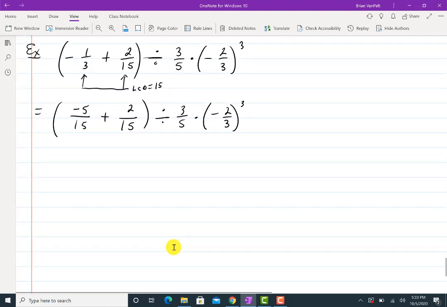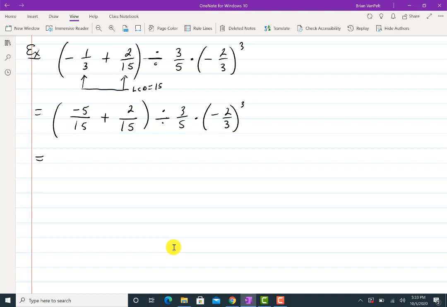Got it? Now let me go ahead and add those fractions inside of there. Negative 5 plus 2 is negative 3. And notice that I've dropped the parentheses because I finished that part off.